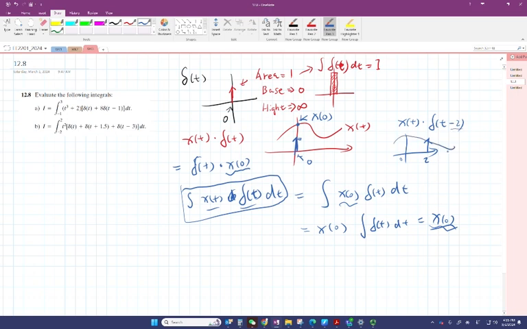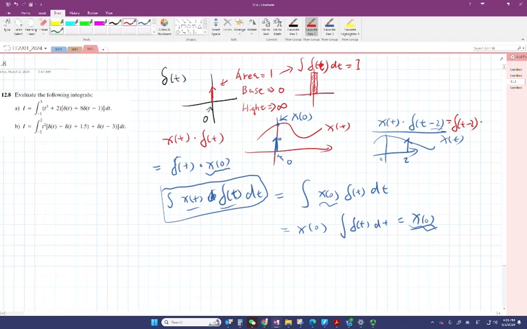So the arbitrary function x(t) multiplied with delta t minus 2 equals delta t minus 2, still this function moved a little bit, multiplied with x(2), which is the location of this delta function. Again, this is a number, this is a function. If you integrate that, it just equals the number, because the delta function integration equals 1. That's the area of that one.